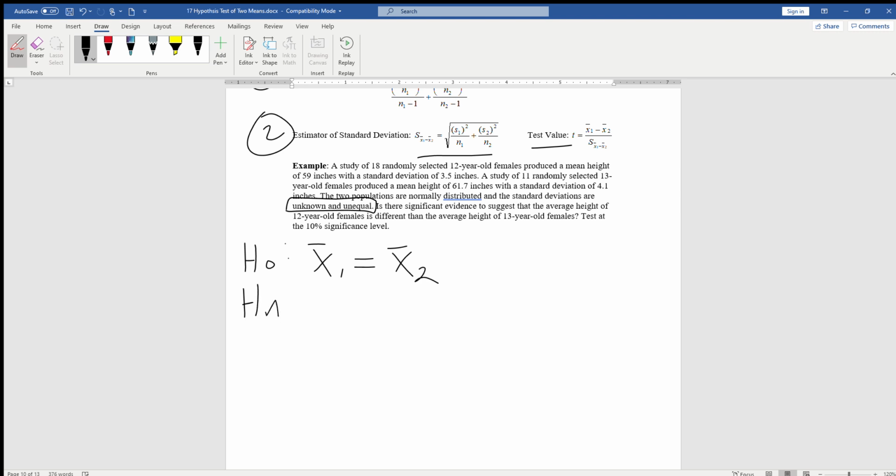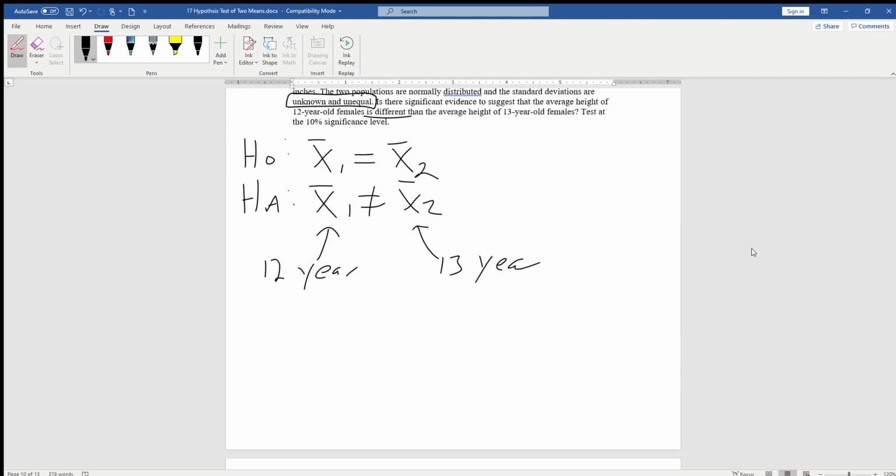The alternative hypothesis asks us to find a difference, so x bar 1 is not equal to x bar 2. Anytime we have a not equal, we have to define the two groups. Let's define group 1 as the 12-year-old females, and group 2 as the 13-year-old females.